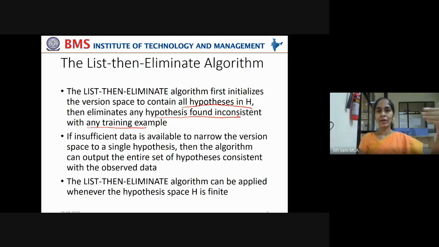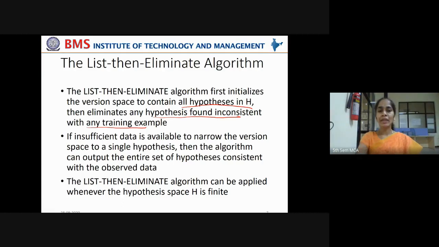Whenever a hypothesis is in accordance with the training example, retain it, keep that hypothesis. But if a hypothesis H is not found to be consistent with the training example, meaning it is not covering a particular training example, then you have to eliminate that hypothesis because it is not useful to retain it in the hypothesis space.